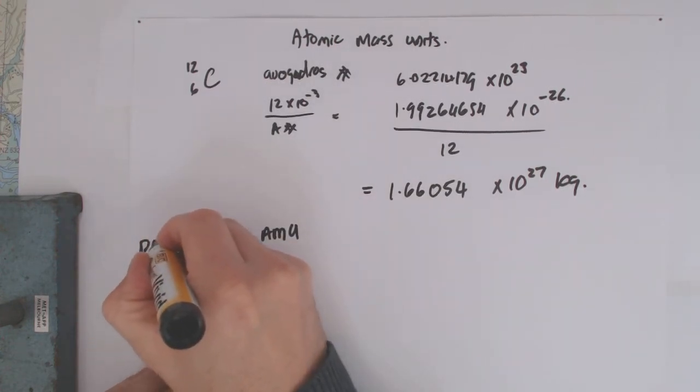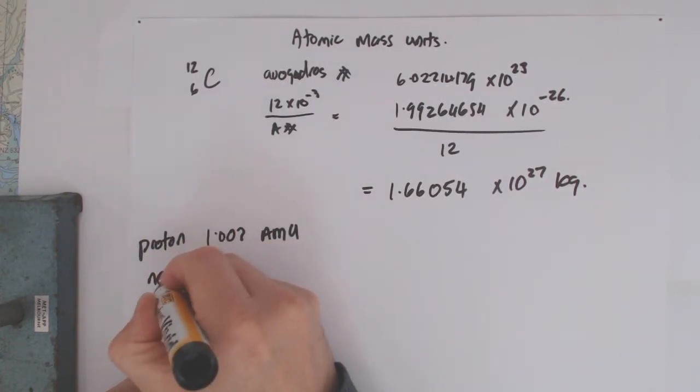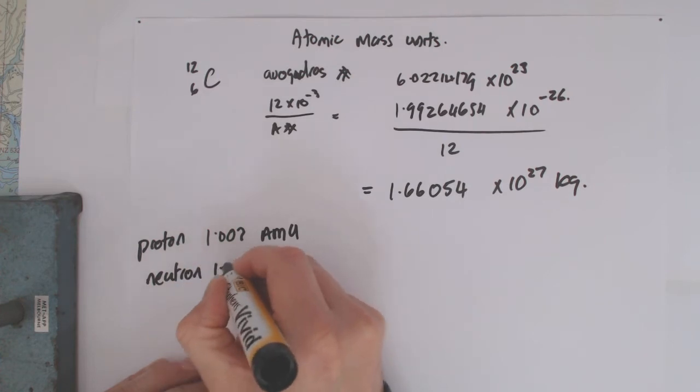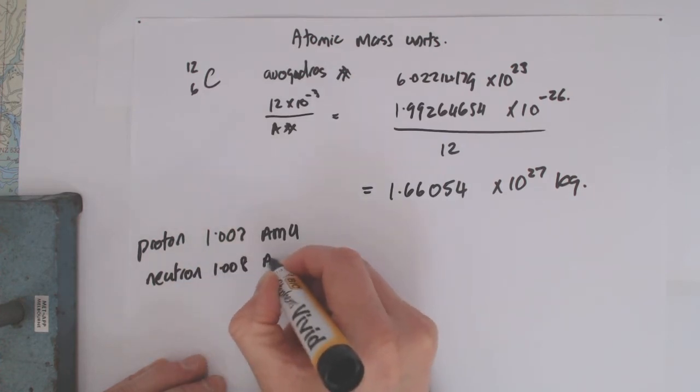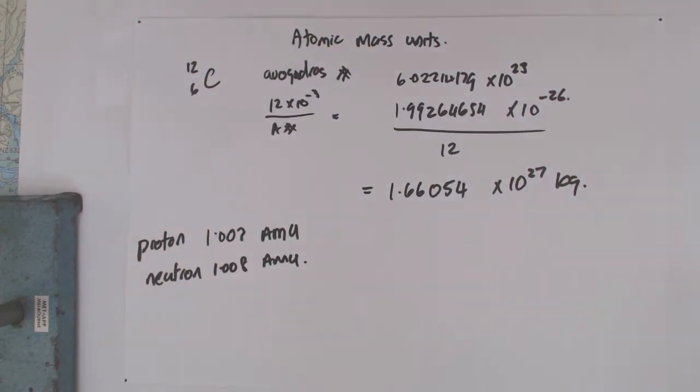That's the proton. The neutron is 1.008 atomic mass units. The electron's obviously pretty small, we don't need to write it down. The neutron, as you know, in beta decay breaks down, emits a beta particle, and you end up with a proton, so the atomic number actually goes up.